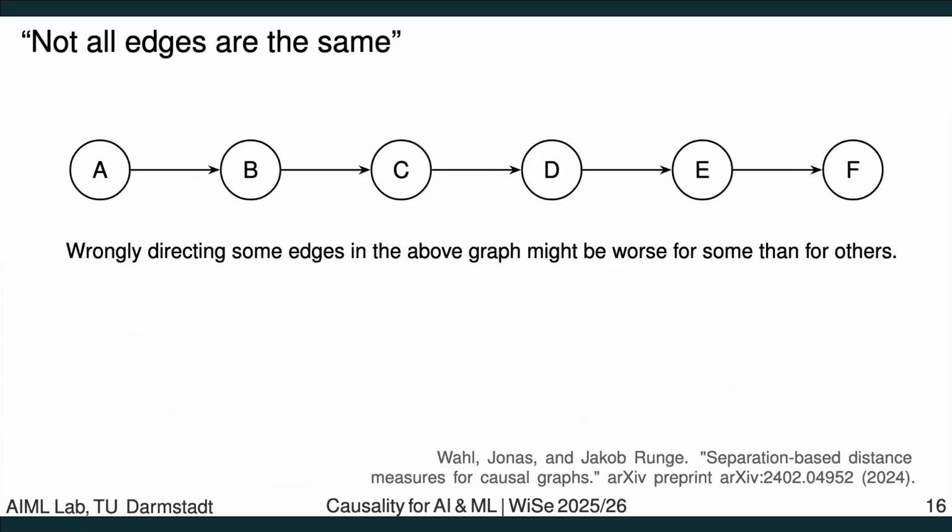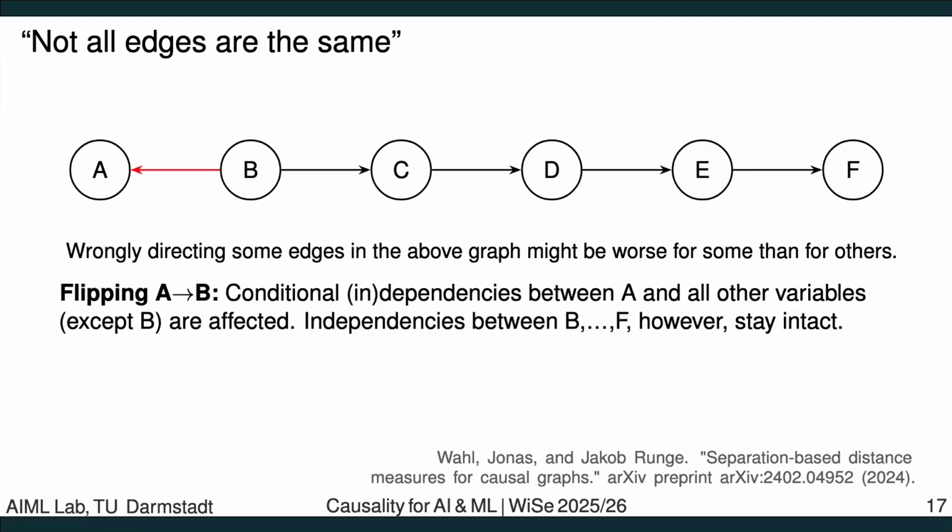So yeah, then maybe let's look at some very simple causal chain. We have these variables A to F, and we might wonder, are all these edges equally important for answering causal queries?